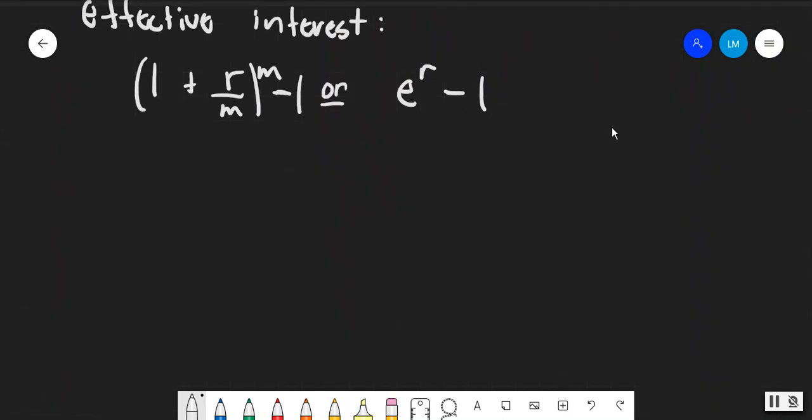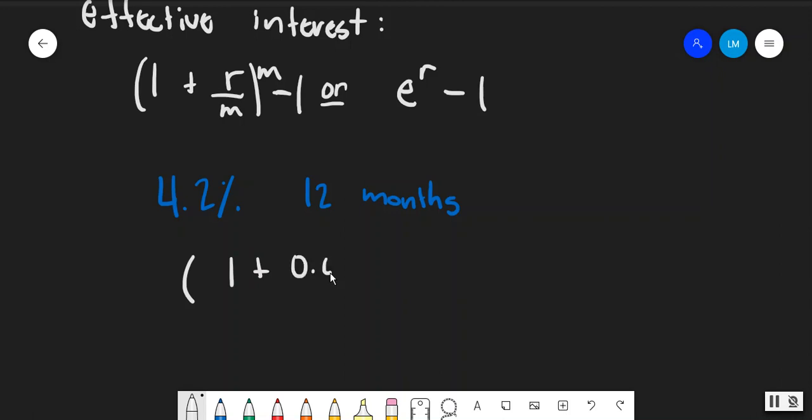So, for example, if you have something compounded at an interest rate of, let's say, 4.2%, done for 12 months, you would be plugging that into the equation for effective interest for compound interest.